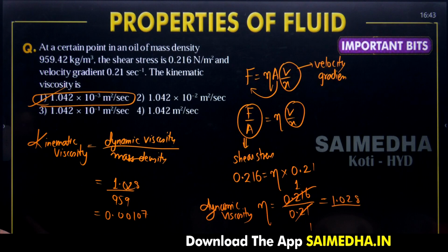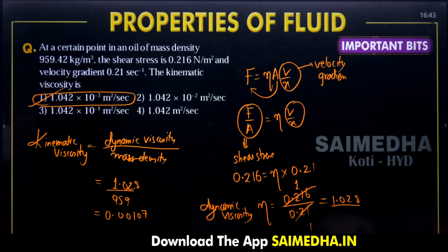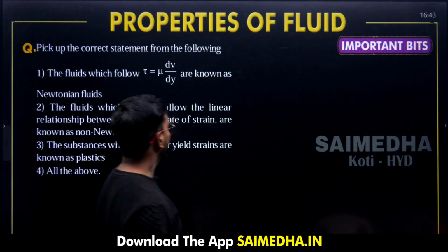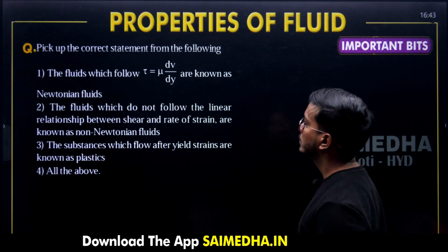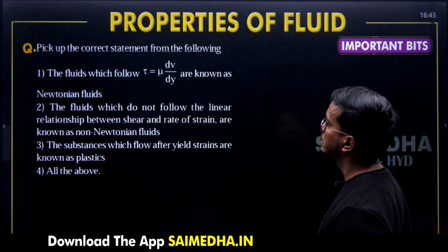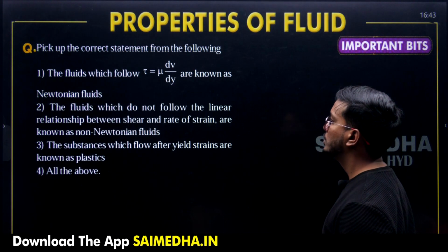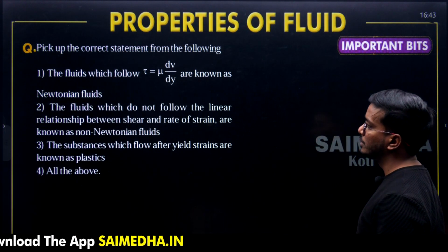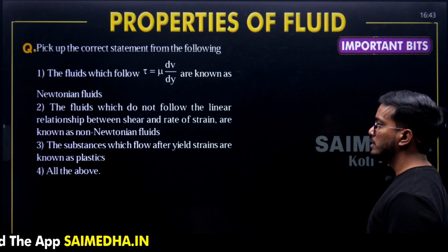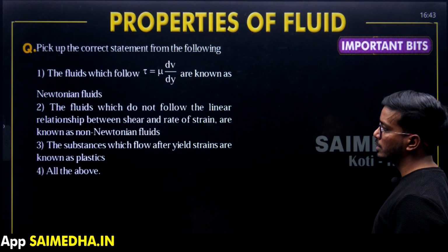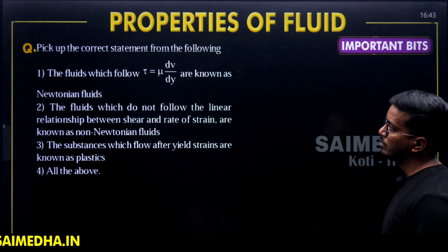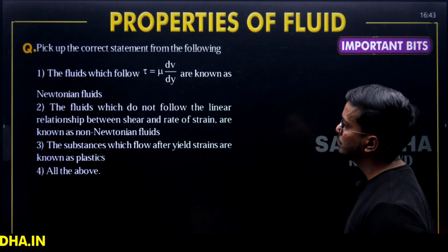The next question given over the board is: shear stress is equal to mu into dV by dy are known as Newtonian fluids. Pick up the correct statement. The options: fluids which do not follow the linear relationship between shear stress and shear strain; substances which flow after yield strain are known as plastic; all of the above. Correct statement he is asking you to find out.